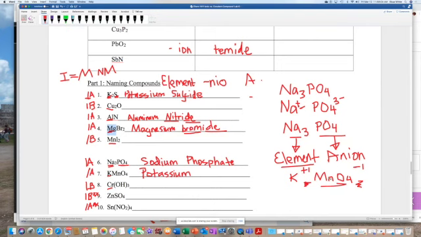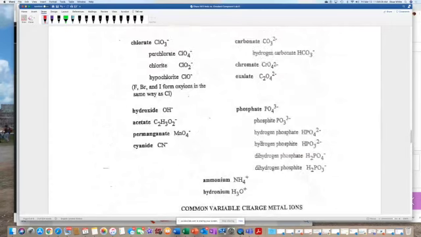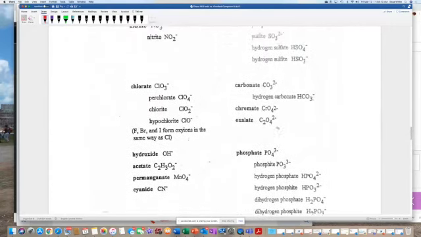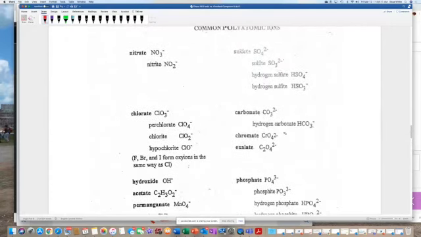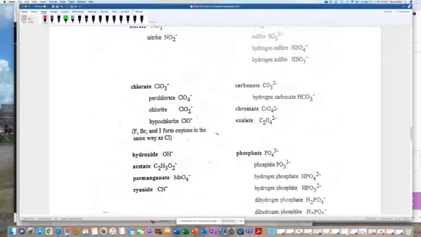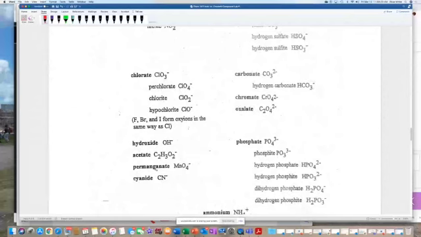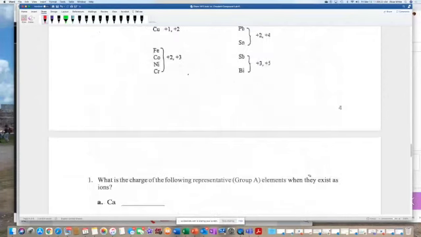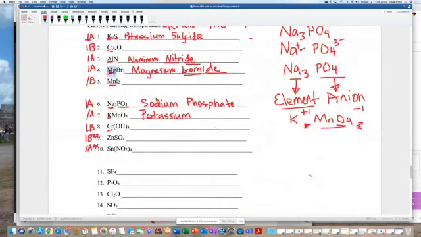This one here has a unique name. Did they have it somewhere here? MnO4. They gave you the name of it. I saw this earlier. MnO4. Maybe it wasn't here. Oh, there it is. Permanganate. So even though I didn't give that to you, the name of MnO4 minus is permanganate. So this is going to be per.